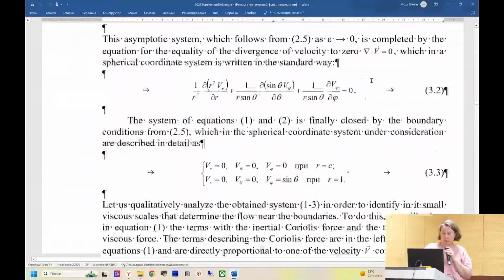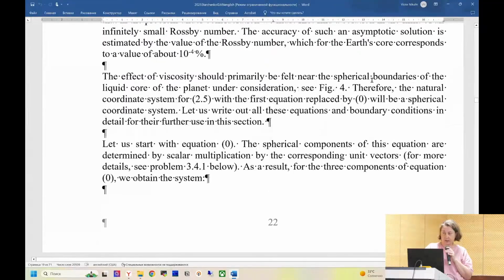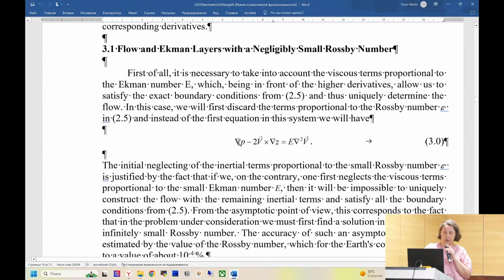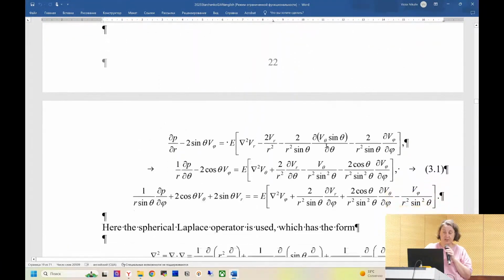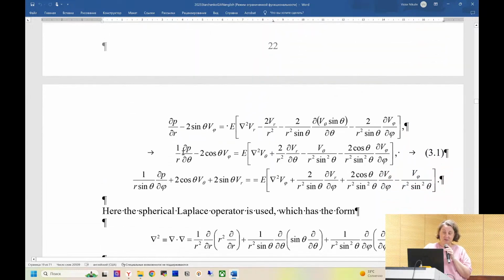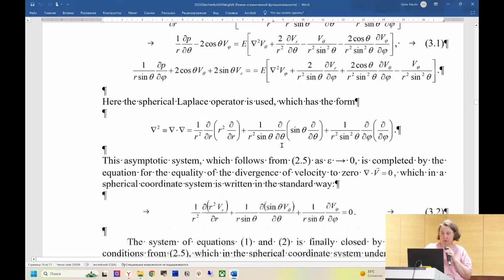This is the initial vector equation 0, and we accurately rewrite it in the form of three scalar equations in a spherical system. Because of the vector Laplacian we've got a not very nice system nevertheless. So that was the first task.